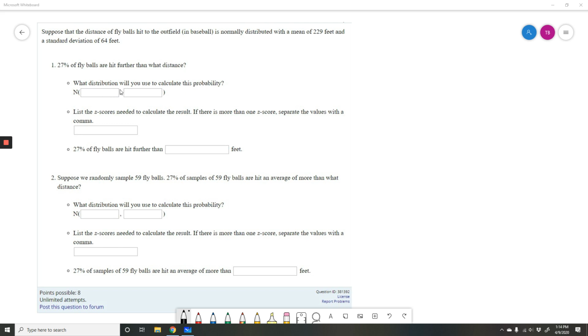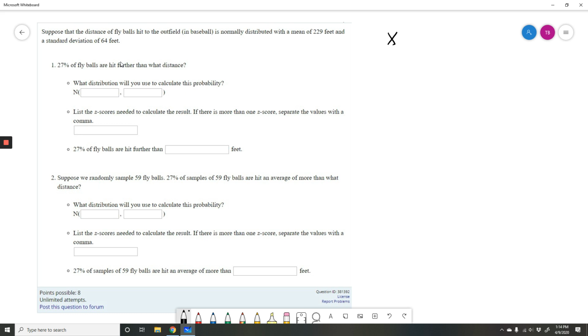So first, we want to look at the distribution. Now, we're told that the distance the fly balls are hit are normally distributed. If we put all those distances together, we have a normal distribution. The mean is 229 feet, and we have a standard deviation of 64 feet. So here we're looking at individual values, right? So we're looking at symbolically the x's.